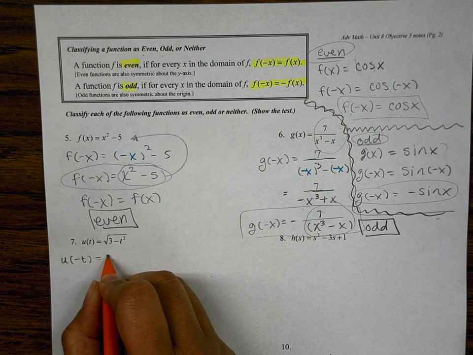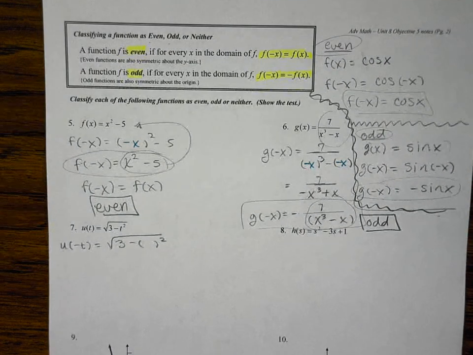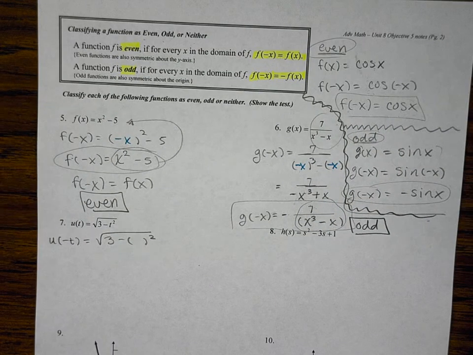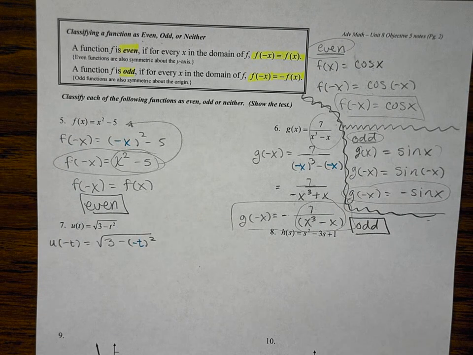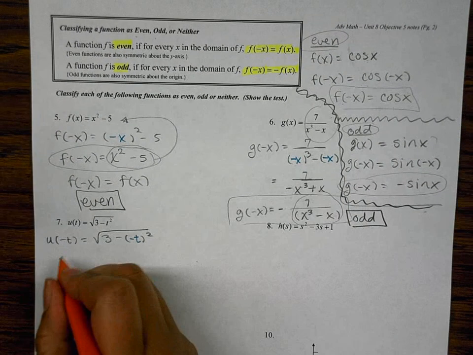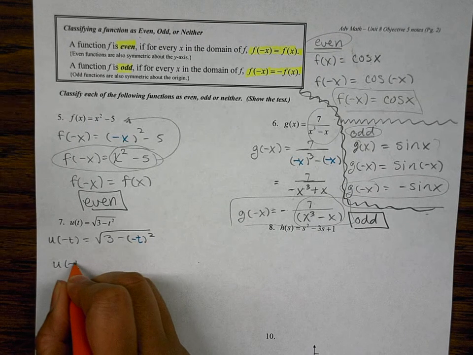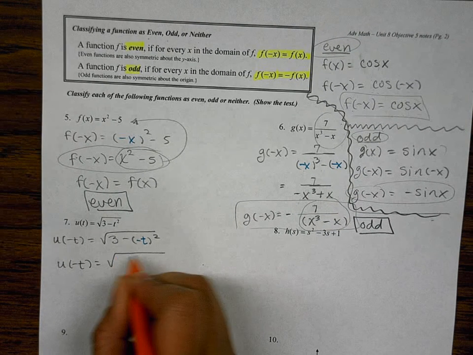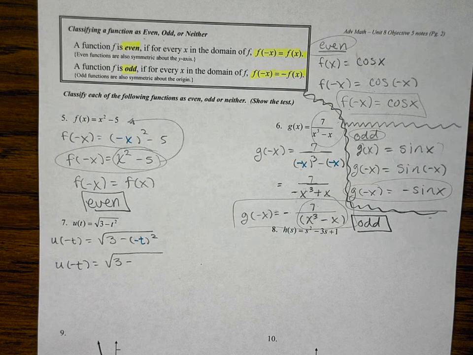All right, u of negative t, square root of 3 minus blank squared, and that time it is blank. And in the blank, I'm going to plug in a negative t, and that gives me u of negative t equals a square root of 3. Those two negatives do not cross out.